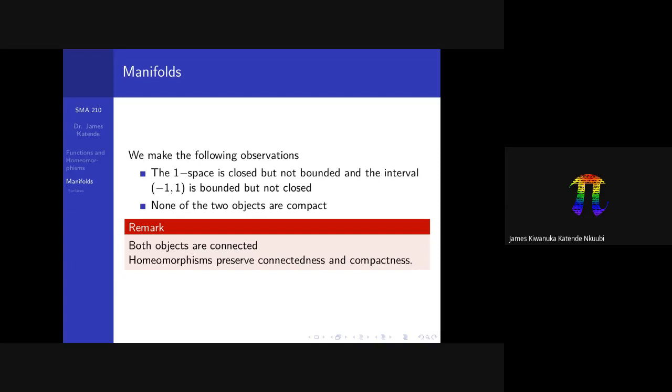But if you have a homeomorphism between two sets of points in space, then if the first set is connected, the second one must also be connected. The same if the first set is compact, the second set must also be compact, and vice versa. If it is not compact, the second set will not be compact as well.